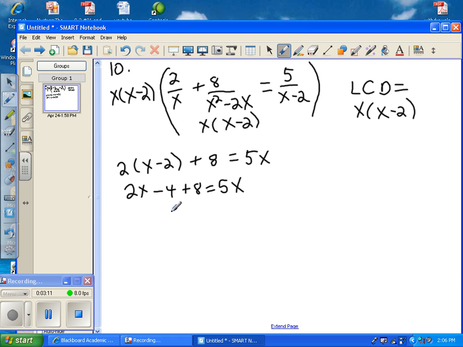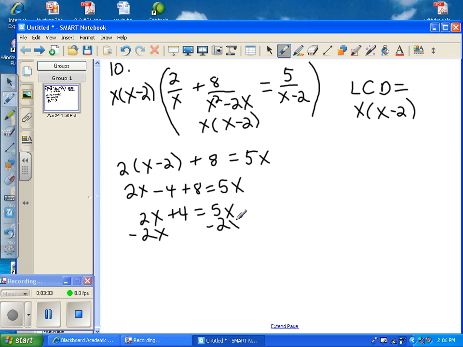Negative 4 and positive 8 makes plus 4. So I have 2x plus 4 equals 5x. Okay, now normally I move over to the left, but since if I move to the right this time I end up with a positive variable, I'm going to move this direction.